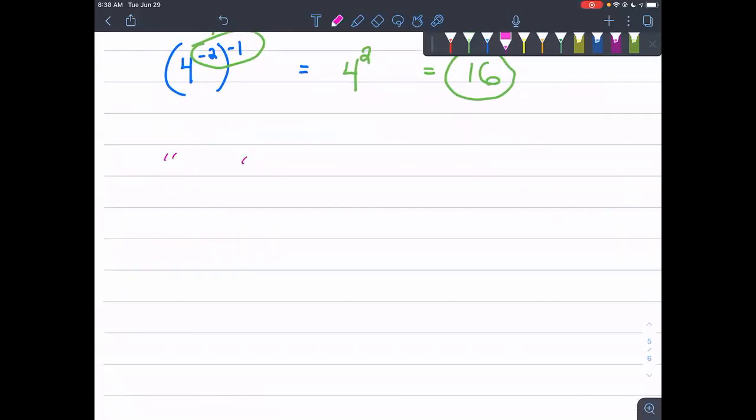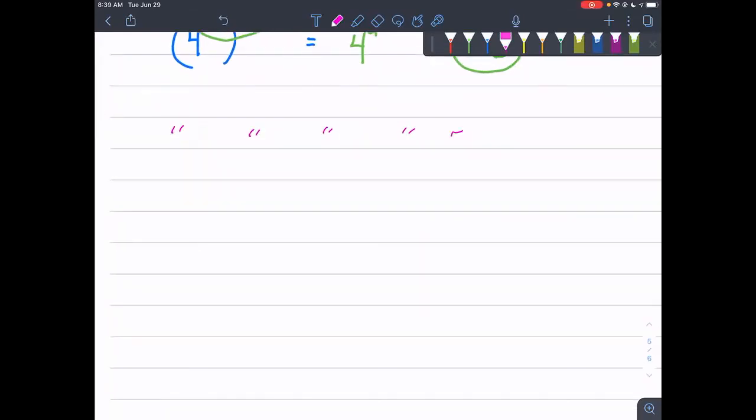So again, write the expression equivalent to, so same instructions on all of these. 5 to the 0 times 5 to the negative 4. Multiplying the same base, adding the exponents.